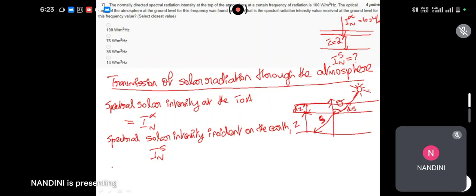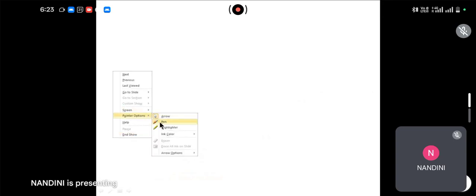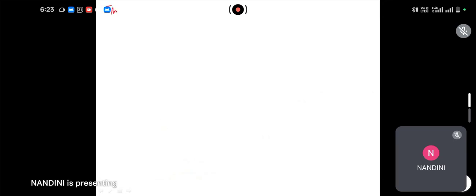Now the atmospheric thickness is z, and the thickness in the direction parallel to the sun, parallel to the solar radiation, is s.